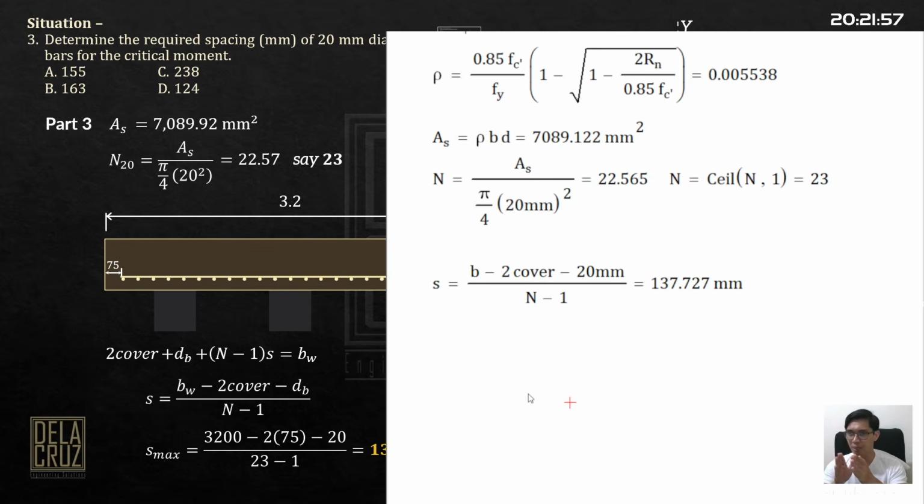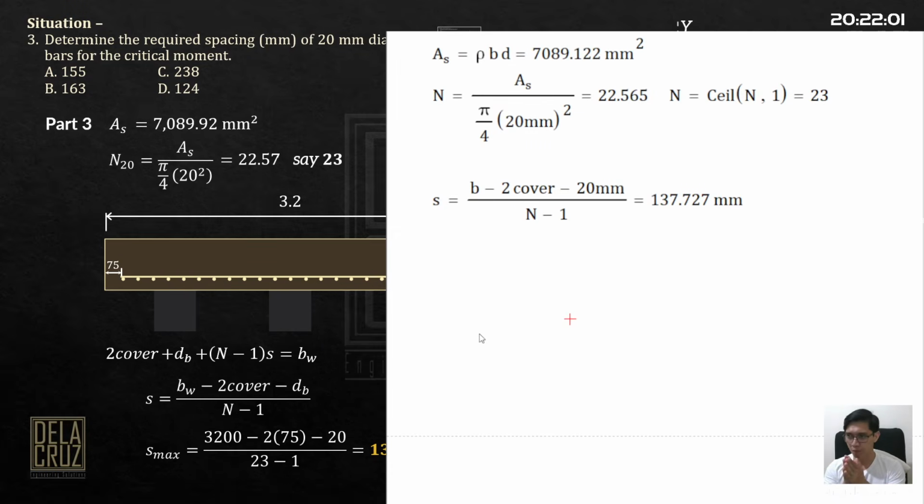Kinonsider niya na parang continuous yung ating bars. Or, kumbaga, parang ano siya, slab. Yung ginamit niya na formula is ito. Alright, yung ginamit niya pala is, yung rho is 0.05. Ito yung nakita ko sa online. Ito yung solution niya, no? Yung rho niya is 0.05.